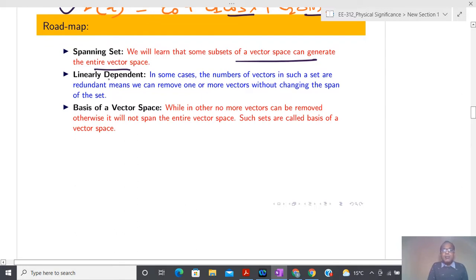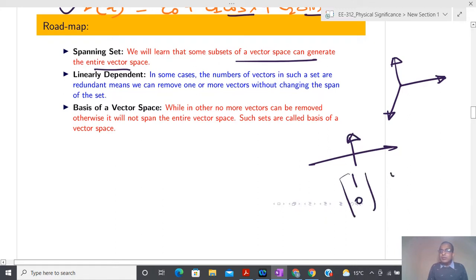Okay, now what is the meaning of linear dependence? In some cases the vectors in such a set are redundant, meaning we can remove one or more vectors without changing the span of the set. Suppose I have to span the three-dimensional space, or for simplicity you can take the two-dimensional space. In two-dimensional space, suppose I select four vectors like 1 0, 0 1, after that 2 0 and 2 2.